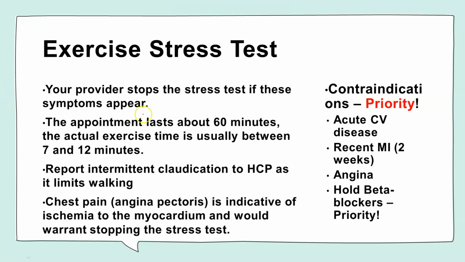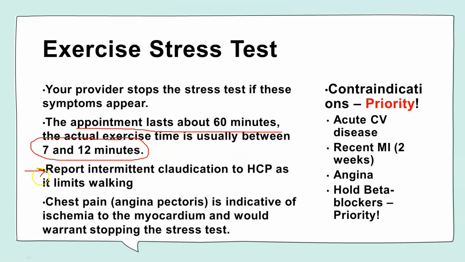So we've said this provider is going to stop the stress test if these symptoms appear. They may try to reschedule it just until you feel that you can actually complete the exam. The appointment, all told, should last somewhere around an hour. And again, it's something that's going to be outpatient. And usually, I said 10 minutes, but somewhere between 7 and 12 minutes for actual exercise time.